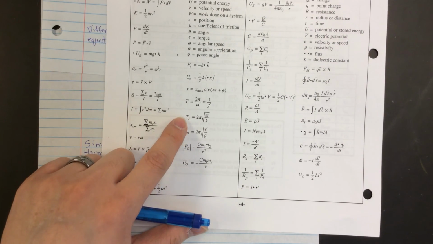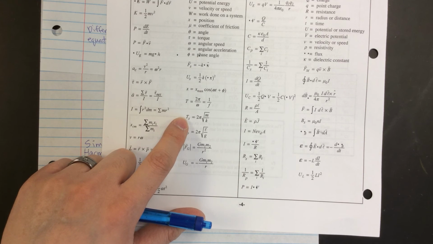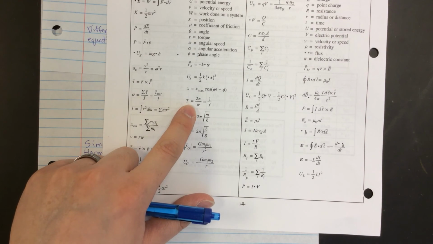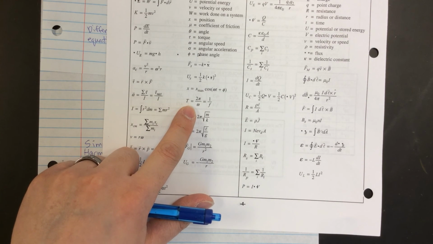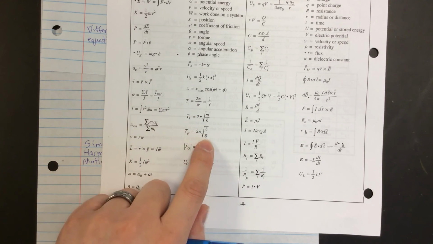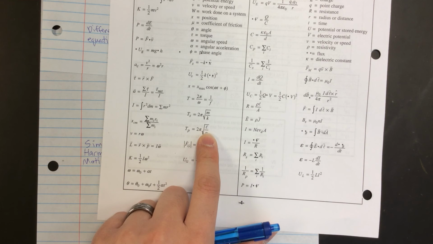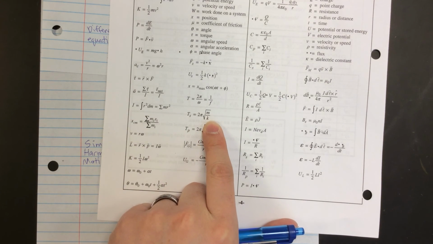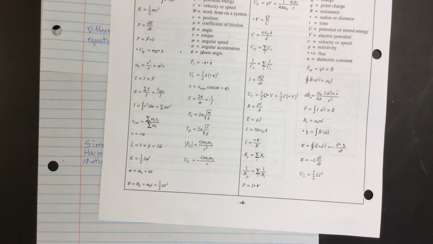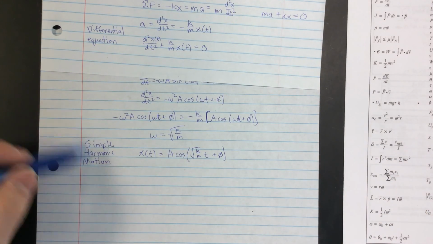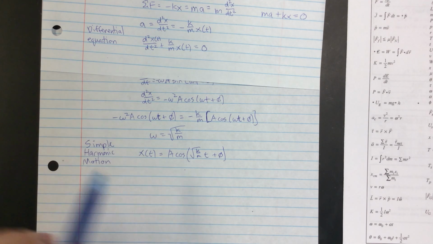In the equation sheet they don't give you omega, they give you the period, but the period is related to omega. In a pendulum, it depends on gravity and length, whereas for a spring, it depends on the mass and the spring constant. There are other things that go with this, but this is an archetypical behavior: simple harmonic motion.